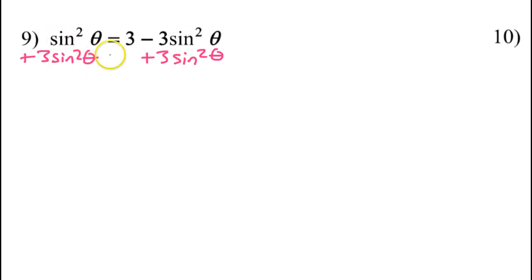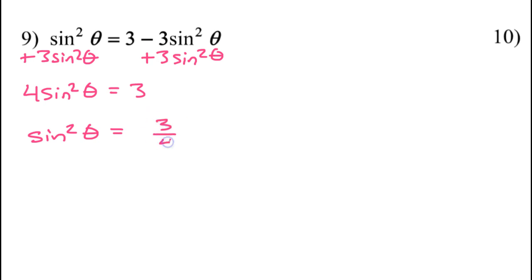Alright, so that's actually going to give me 4 sine squared theta is equal to 3. Now, it will be easy for me to get this sine squared theta by itself by dividing both sides by 4. So that's going to give me sine squared theta is equal to 3 over 4.